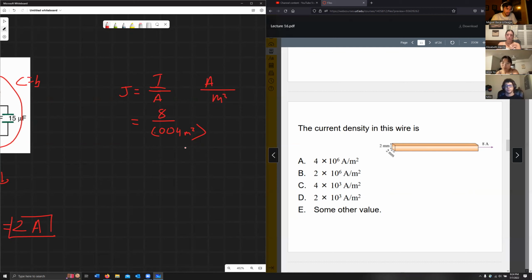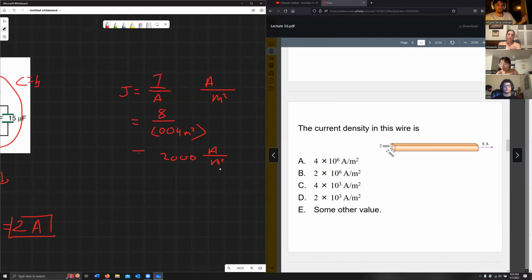2000 amps. Oh my God. Amps per meter squared. I think that's a lot. Here's why it's a lot though. The size of the wire in this case is only 4 millimeters, and we have 8 amps flowing through it.